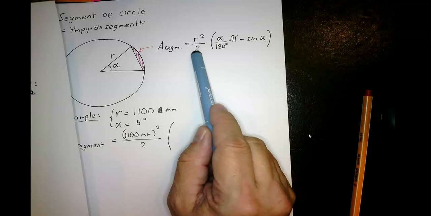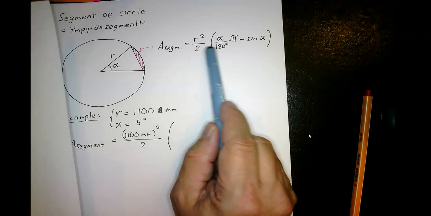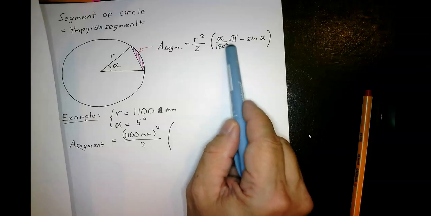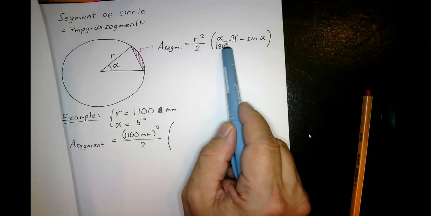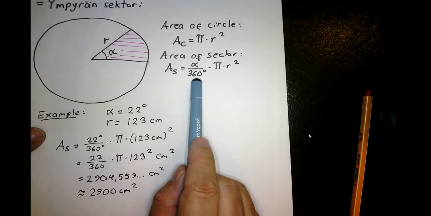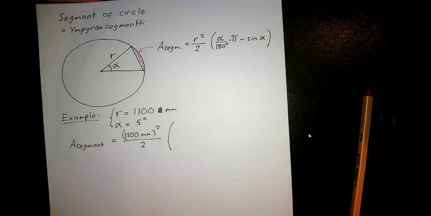If we multiply or move this 2 inside the brackets, it will go to the bottom part here, so it will give 2 times 180, that is 360, and that's exactly what is there. So we can see that there is actually the area of sector in this formula also.